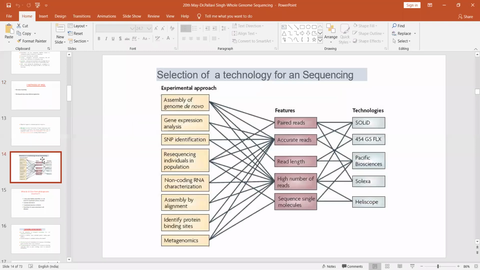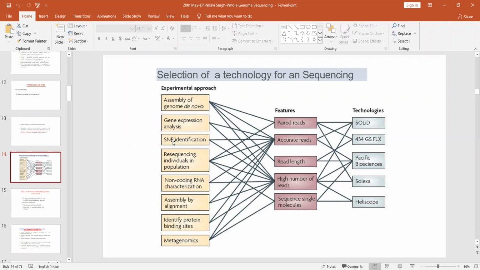Okay. Now, selection of a technology for a sequencing project. You can use assembly of the genome using a de novo or novel approach. You can go for SNP identification, which is identification of single nucleotide polymorphisms.